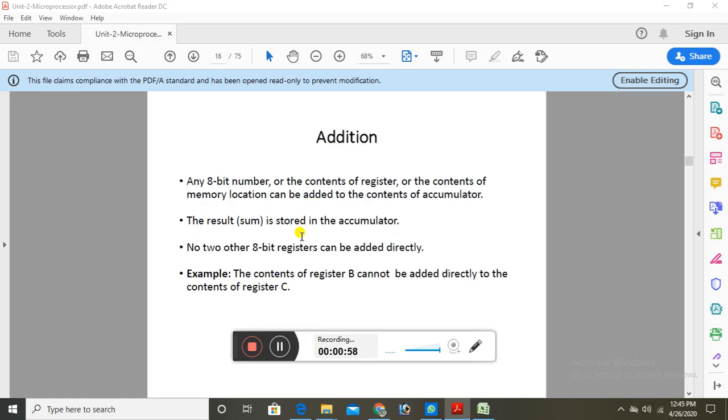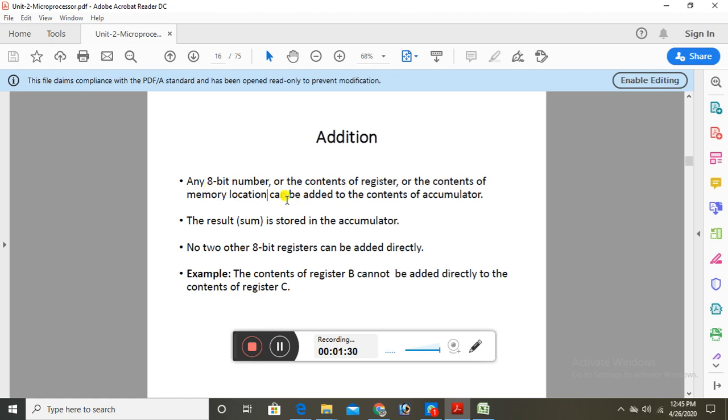The first operation is addition. What happens in an addition operation? Any 8-bit number, the contents of a register, or the contents of a memory location can be added.